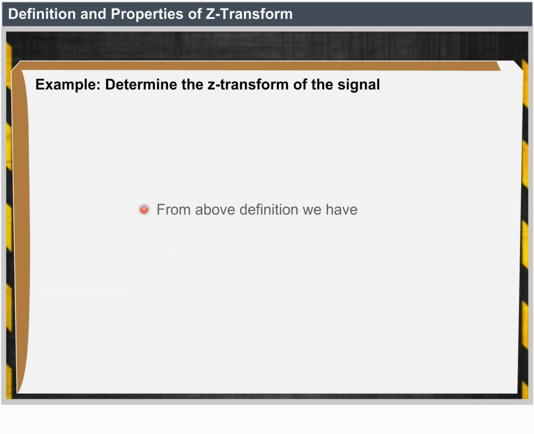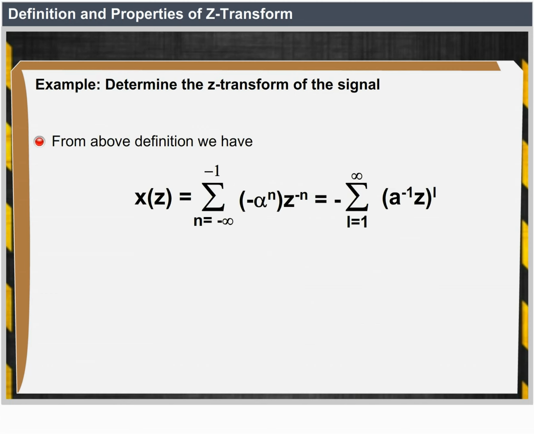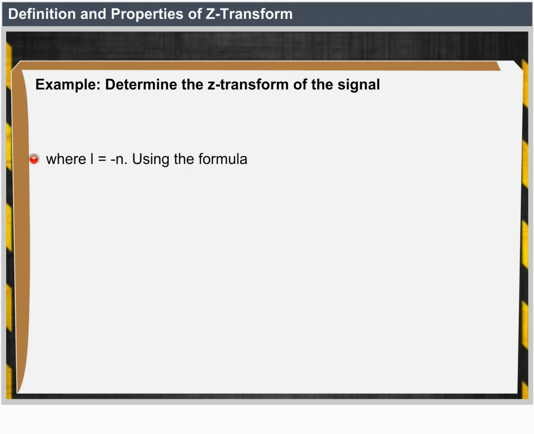From the above definition, we have X of z equal to summation n equal to minus infinity to plus infinity minus alpha power n into z power minus n, equal to minus summation L equal to 1 to infinity of alpha power minus 1 into z whole power L, where L equal to minus n.